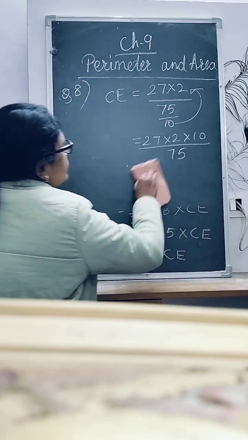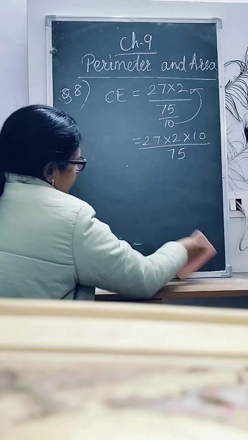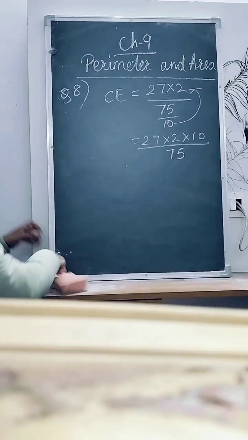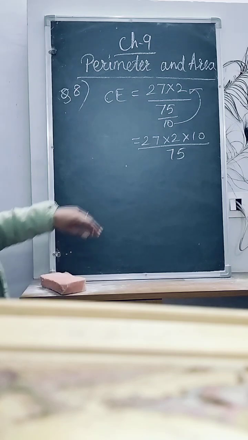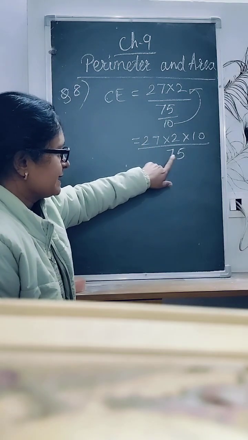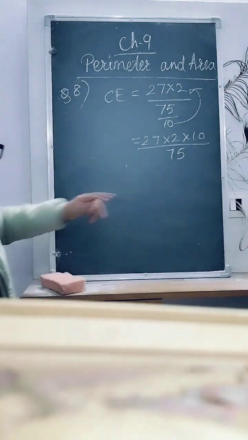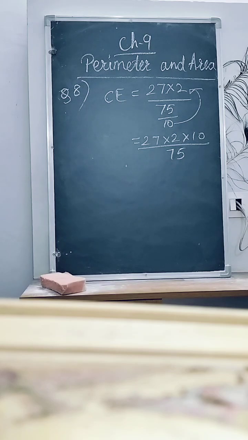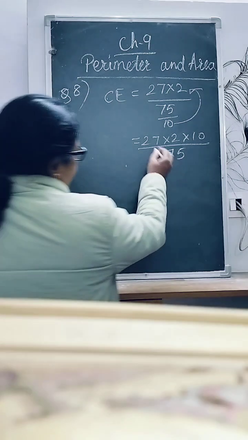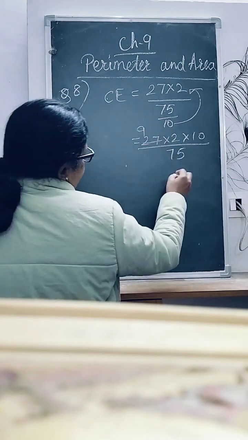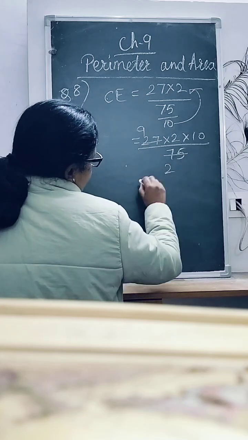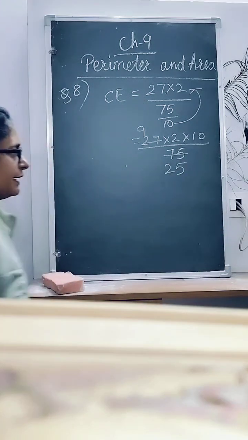Now students, let us apply the divisibility rules. For 27 and 75, 7 plus 5 is 12, so divisibility of 3 is satisfied. So we divide by 3: 3 nines are 27, 3 twos are 6, 3 fives are 15.